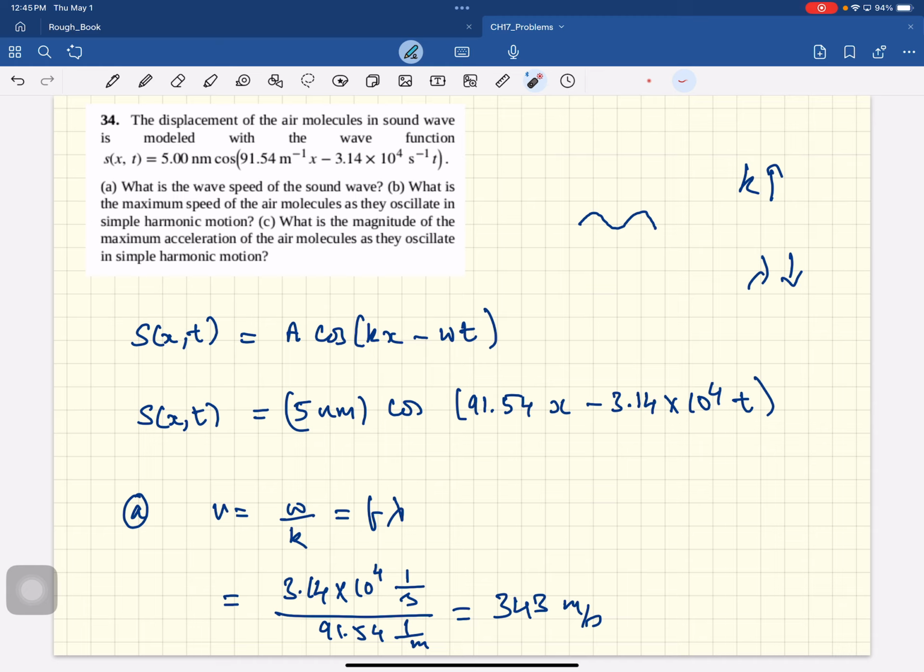If different frequencies traveled with different speeds, and when I'm talking it's a combination of different frequencies, this would sound different. My voice would sound different at different distances.